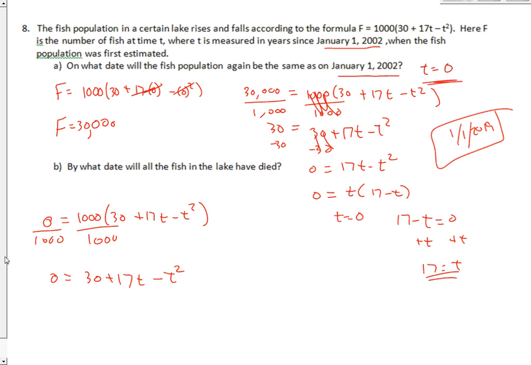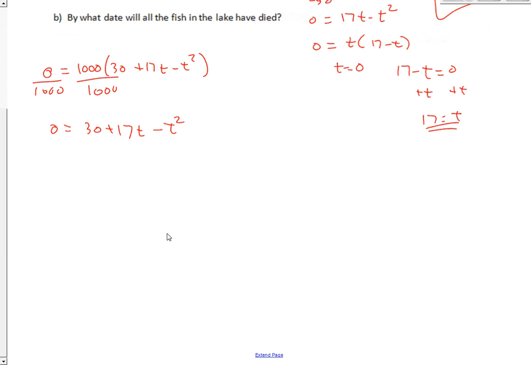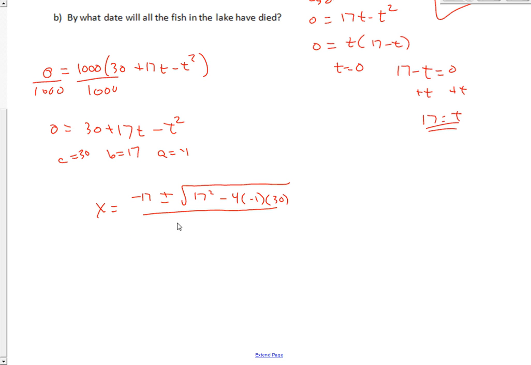We are already set equal to 0, so now we just need to solve this quadratic. Factors of 30 are not going to add up to 17. I have a equals negative 1, b equals 17, and c equals 30. Since this quadratic is written backwards, I have to pay attention to my a, b, and c. And I'm going to use the quadratic formula. So x equals negative 17 plus or minus the square root of 17 squared minus 4 times negative 1 times 30, all over 2 times negative 1.